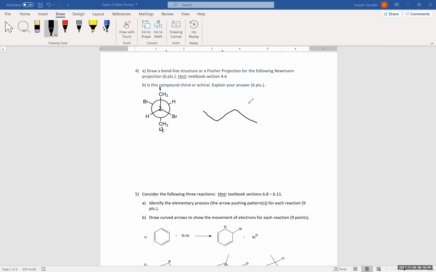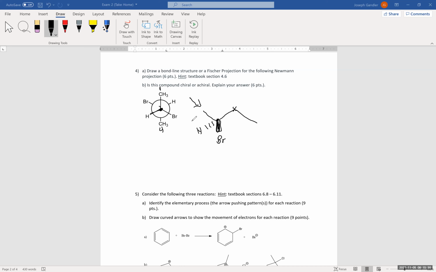And we know looking down the bond this way, this would be the front carbon here and the one behind the circle, that's the back carbon there. So the groups off to the right, the bromine, are the ones in a wedge position. And then the hydrogen going to the left is going away from us.